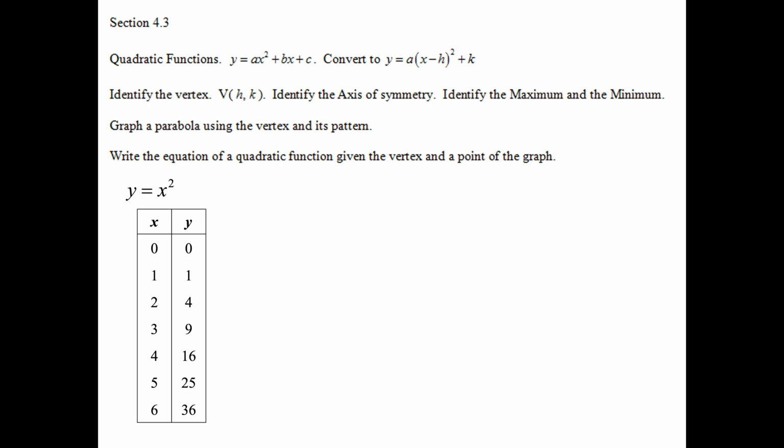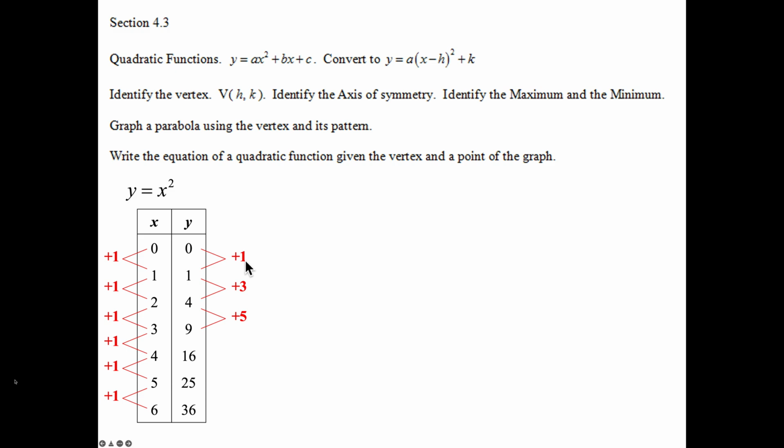Take all those x values and let's square them. So 1 squared is 1, 2 squared is 4, 3 squared 9, 4 squared 16, 5 squared 25, 6 squared 36. As I mentioned, all your x's increase by 1, but notice how the y's increase. This is where the pattern's going to be discovered.